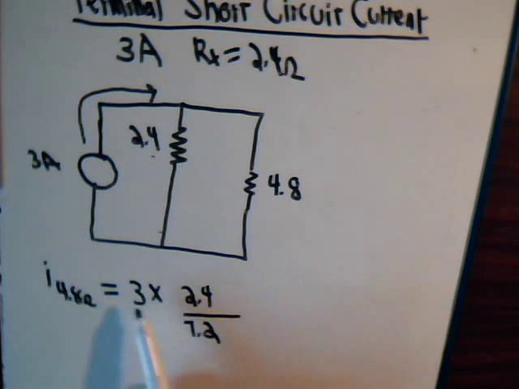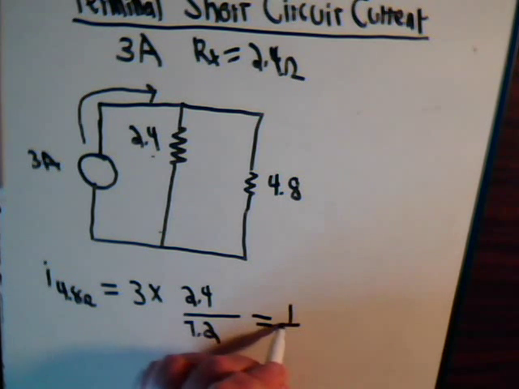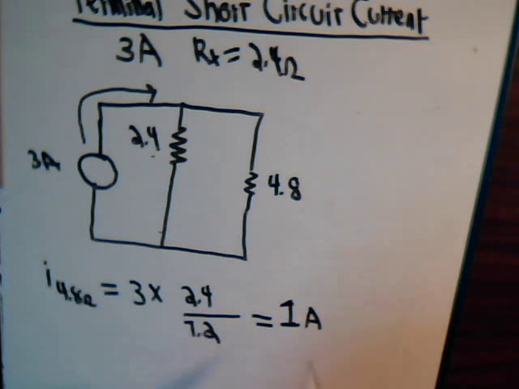And this times 3 is 7.2, so this equals 1 amp, which of course is what it's supposed to be.